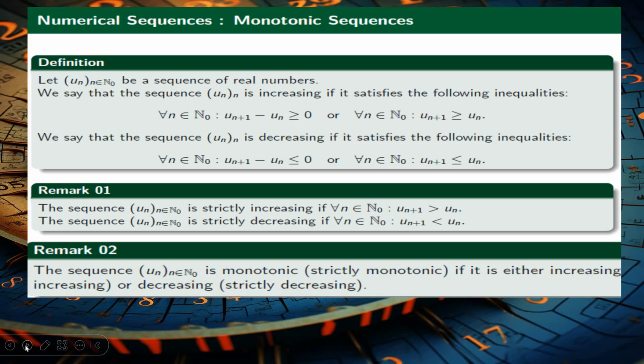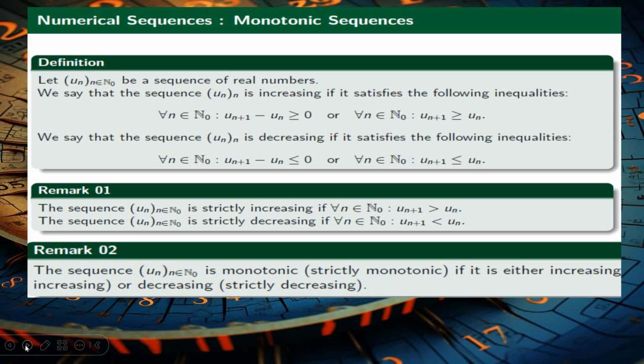We say that the sequence is decreasing if for all natural numbers n the term with the index n plus 1 is less than or equal to the term with the index n. So a sequence is monotonic if it is increasing or decreasing.